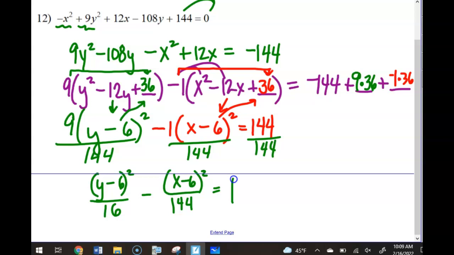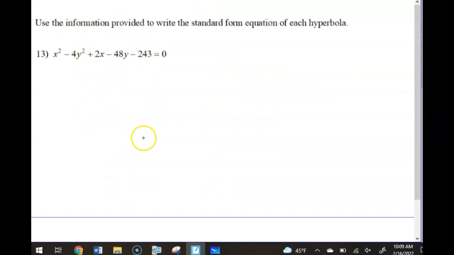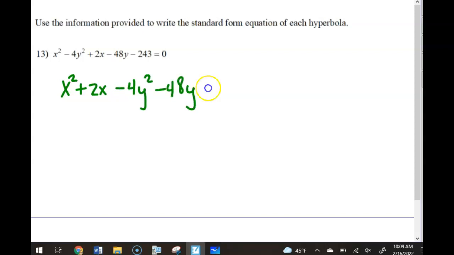All right, we're going to try one more. We can do this. Okay, this time, what's going to be out front? The x's, so we're going to have x squared plus 2x, and then a minus 4y squared and a minus 48y. And on the other side will be a positive 243.